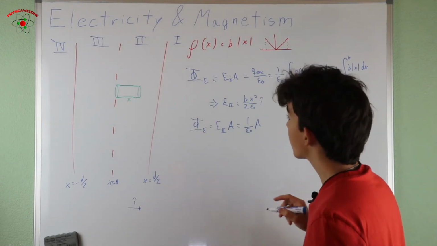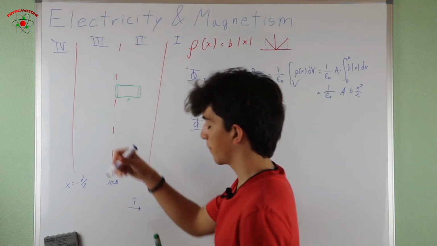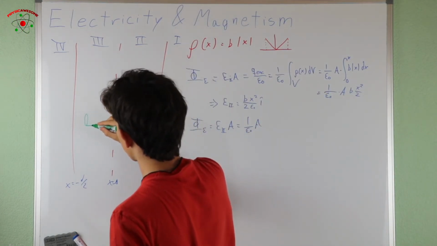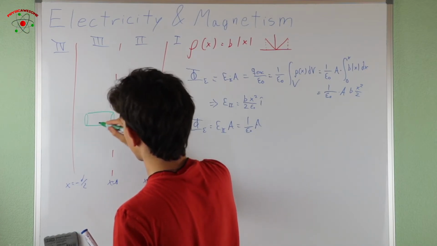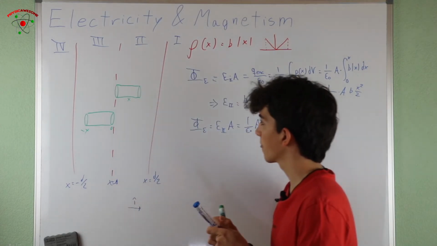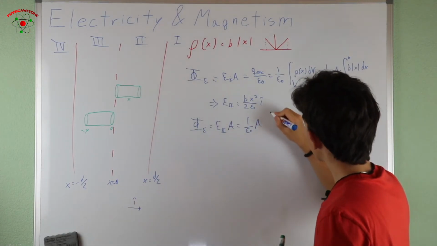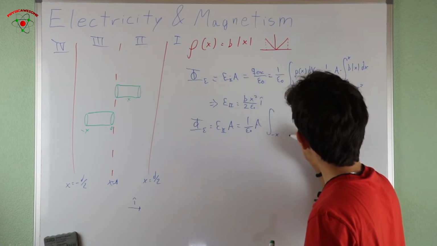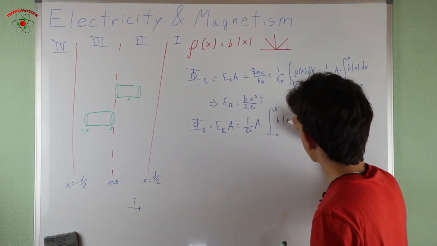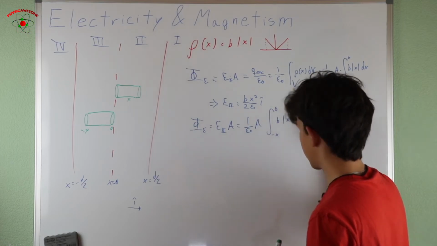And now we're going to have the integral from, let's draw the Gaussian surface so that you see it, minus x to 0. So it's going to be the integral from minus x to 0 of b absolute value of x dx.